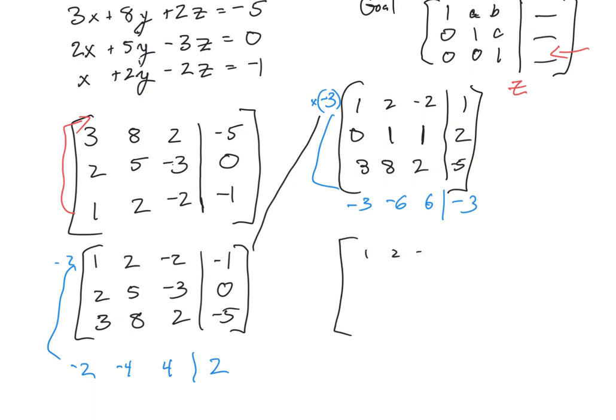1, 2, -2, 1, nothing changes there. 0, 1, 1, 2, 0. Those add up to 2. Those add up to 8. And these add up to, I just noticed I made a mistake.